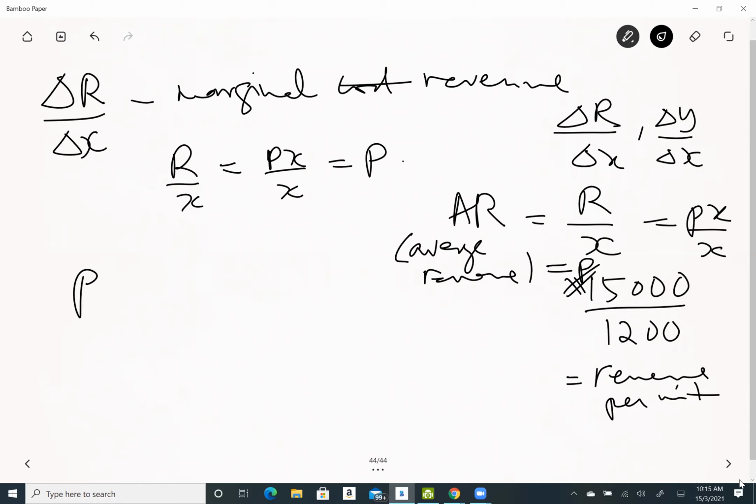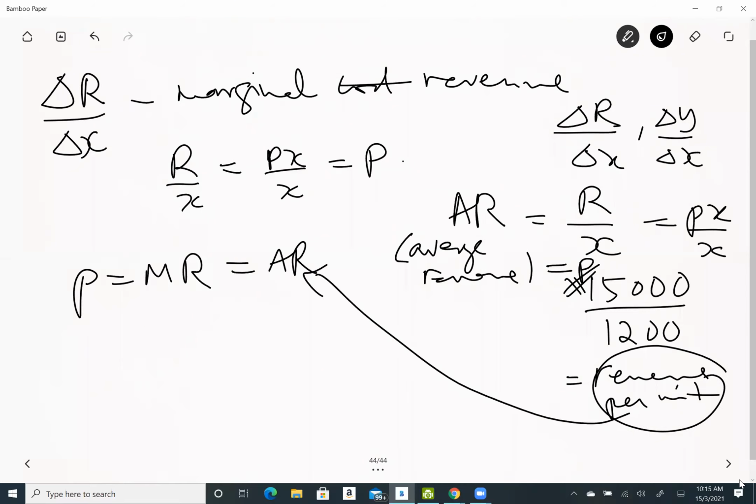The price is equal to the marginal revenue. It's also equal to the average revenue. Average revenue is revenue per unit. Marginal revenue is the change in the revenue per unit change in X.